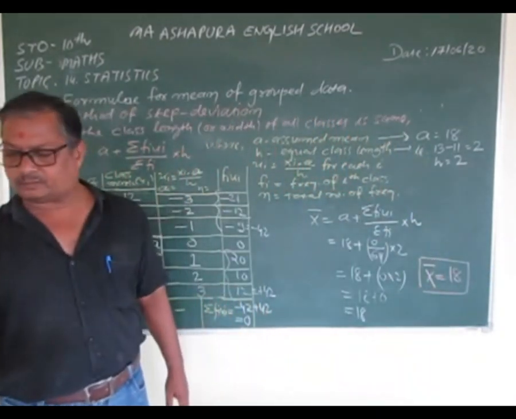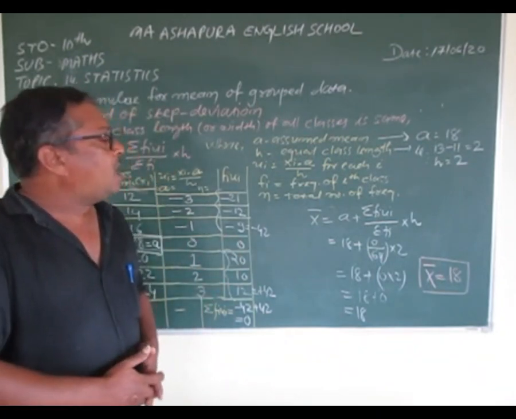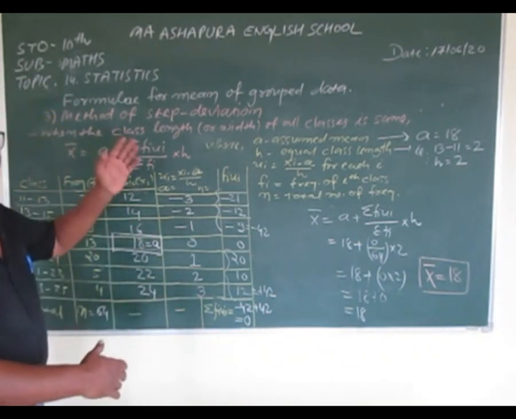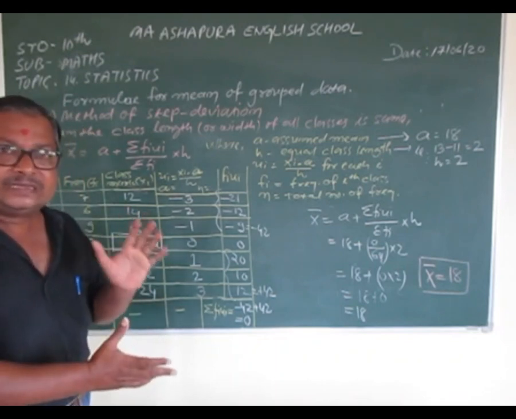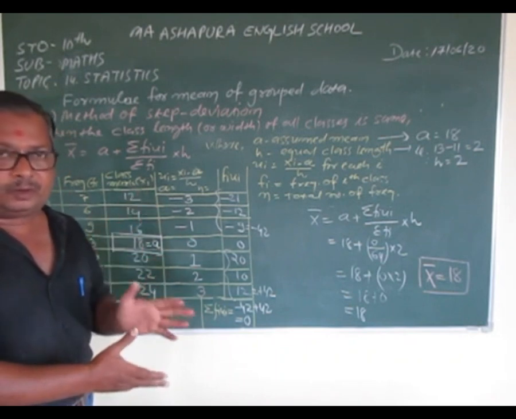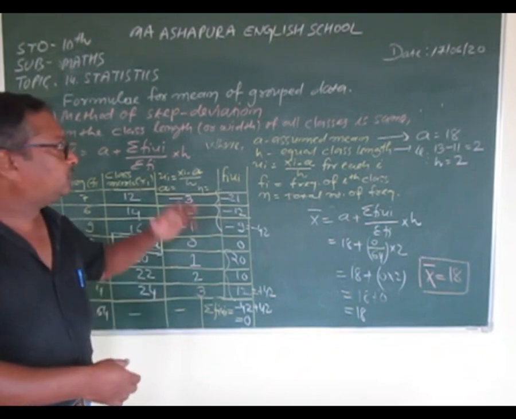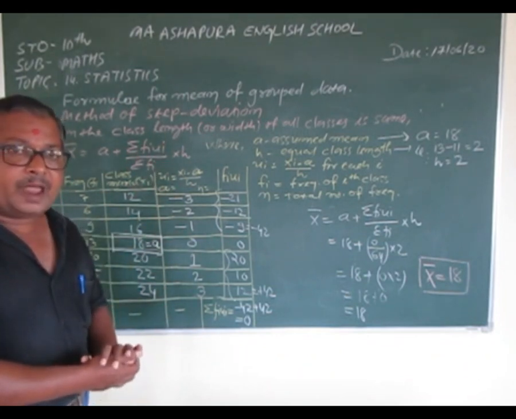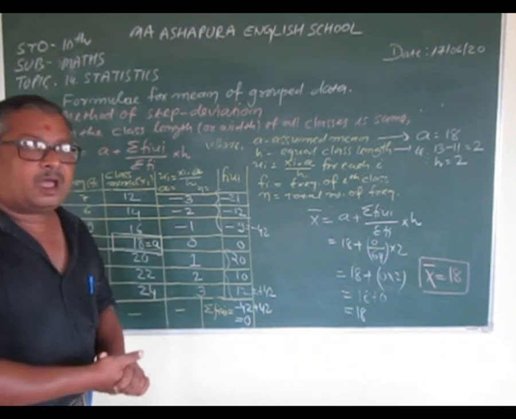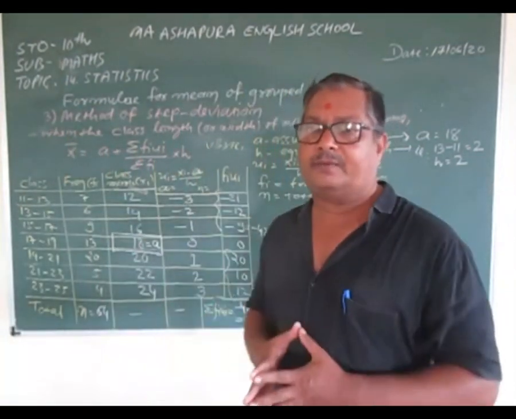Dear students, now the sum is over, and I hope you understand very well how to find the mean by using the step deviation method. This is the easiest method compared to all three methods, and it is a very useful, very important method. So please practice more and more sums using the step deviation method, and try to achieve perfection in calculation using this method.